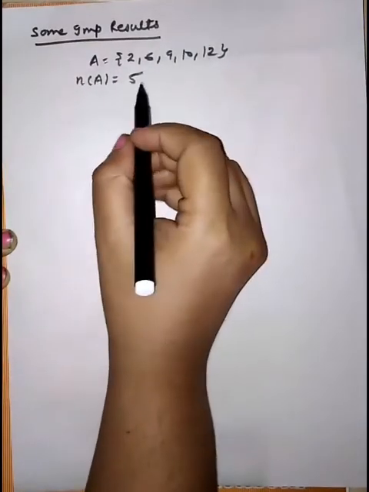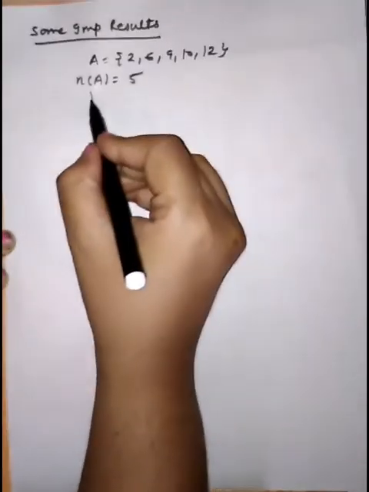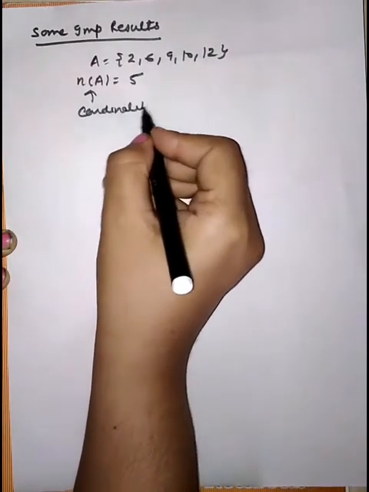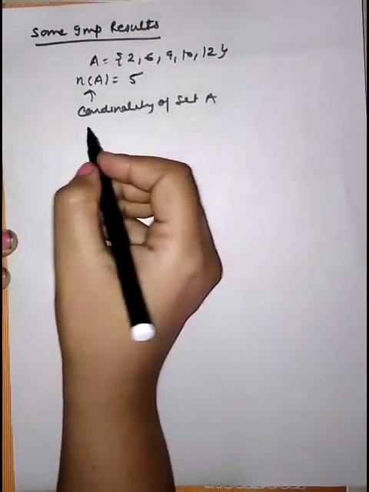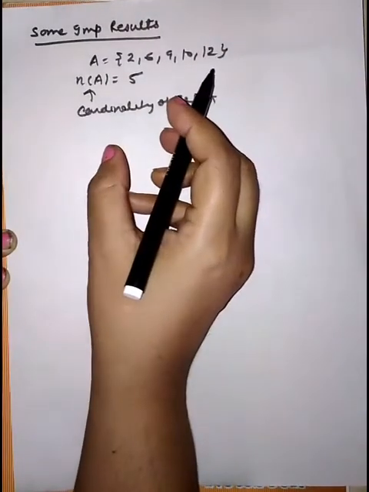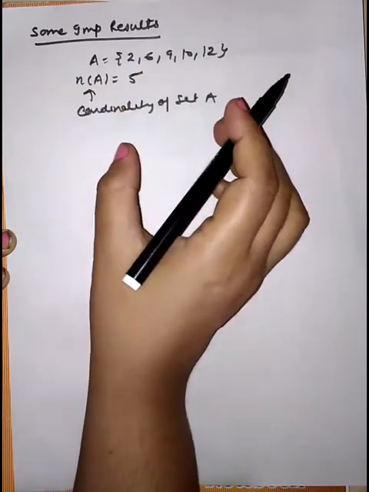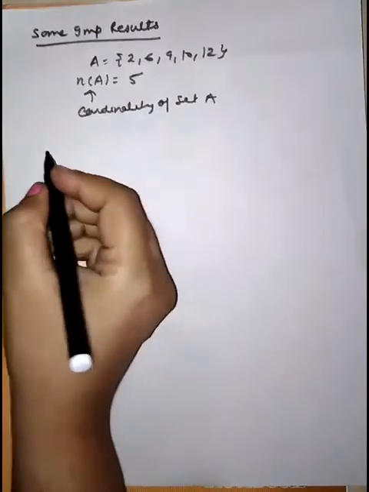It shows the number of elements of set A, and this is called the cardinality of set A. Cardinality is defined on finite sets only.